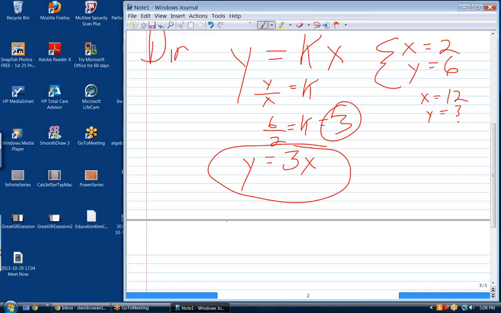If x is 12, what's y going to be? Plug it into this right here. If x is 12, plug it in. 3 times 12 is what?